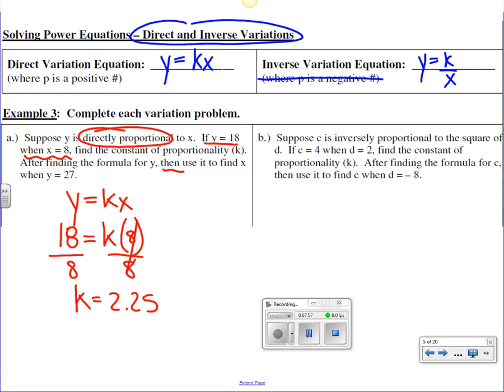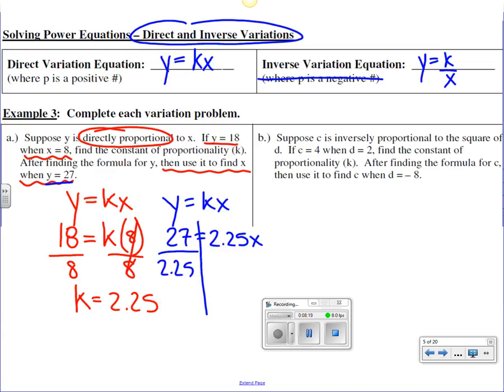Now you need to use the formula to find x when y equals 27. So I'm using the same formula. This time y is 27, and I now know what k is. K is 2.25, and I'm trying to find x. To get x by itself, you divide by 2.25, and you get x to be 12.